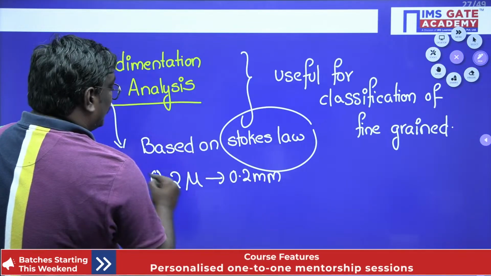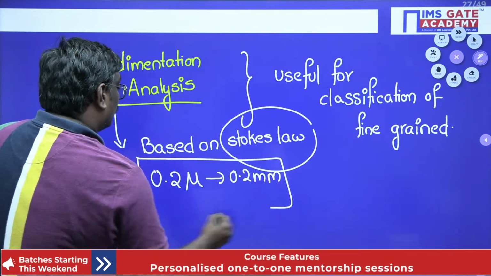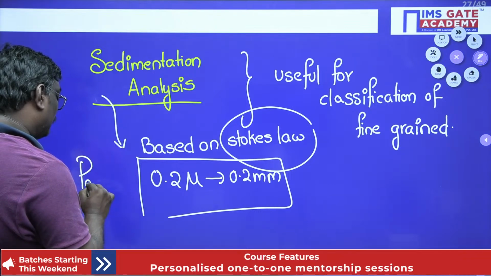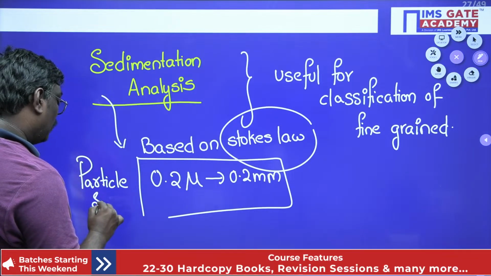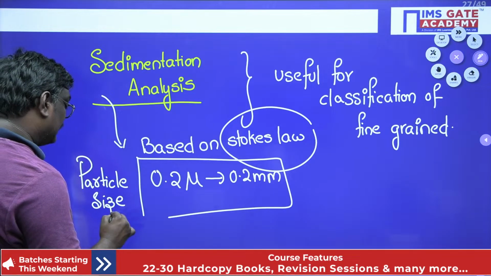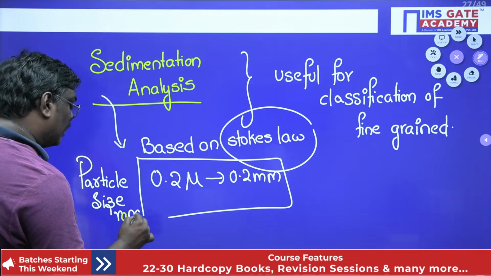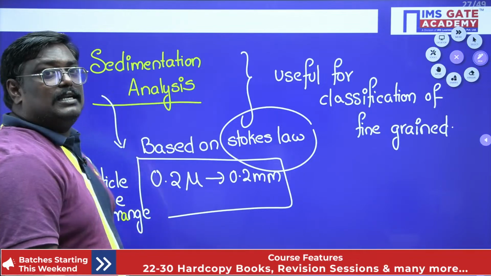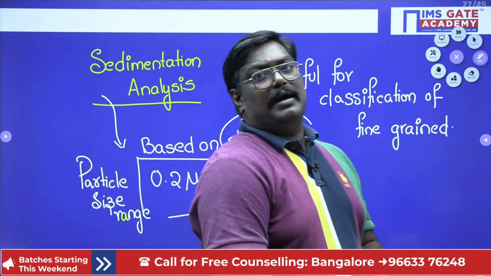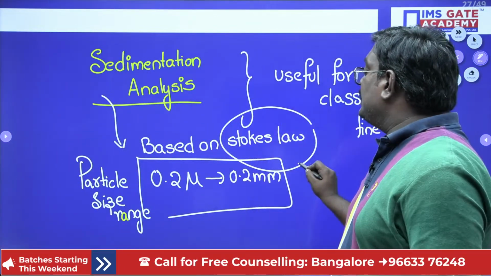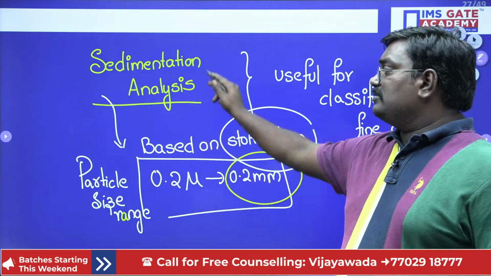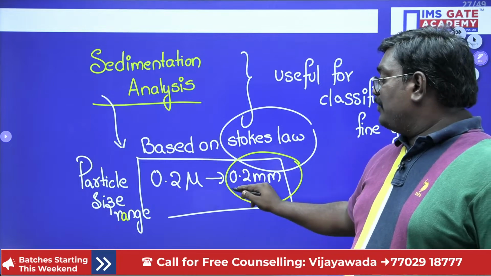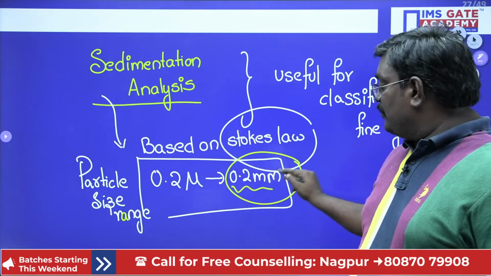There can be a question from one of you: why is it applicable only for particle sizes from 0.2 micron to 0.2 mm? If the particle size is more than 0.2 mm, there will be a turbulent flow. That is the reason Stokes law is valid only up to 0.2 mm.